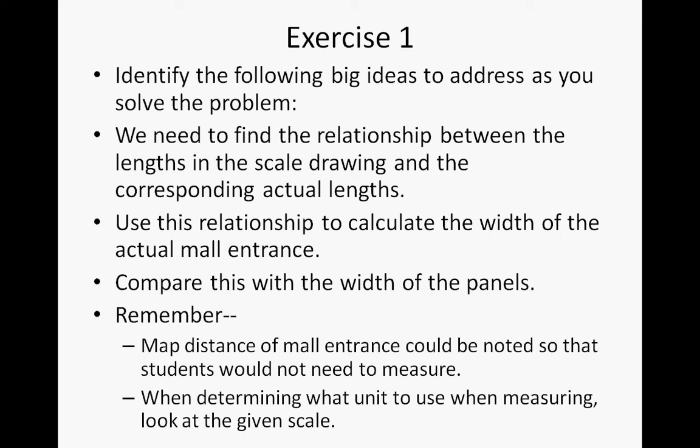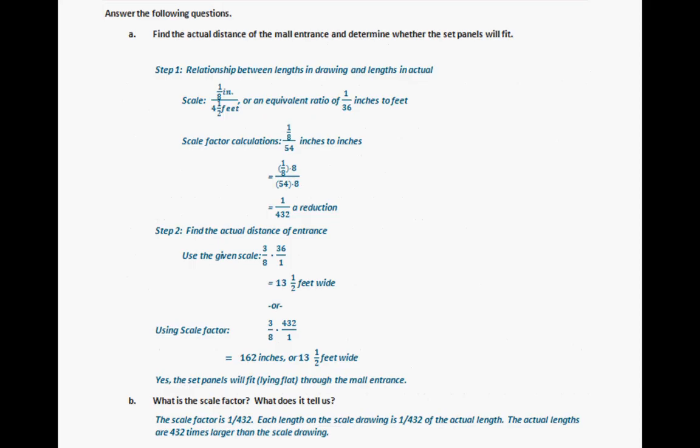Alright, so you should be done with exercise 1. Let's see what you came up with. So, answering the following questions, find the actual distance of the mall entrance and determine whether the set panels will fit. So here's step 1. The relationship between the lengths in the drawing and the lengths in the actual. The scale will be 1/8 inch over 4.5 feet, or an equivalent ratio of 1 to 36 inches to feet.